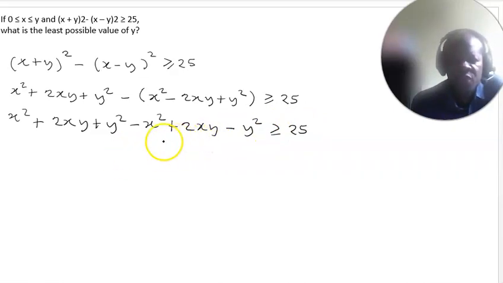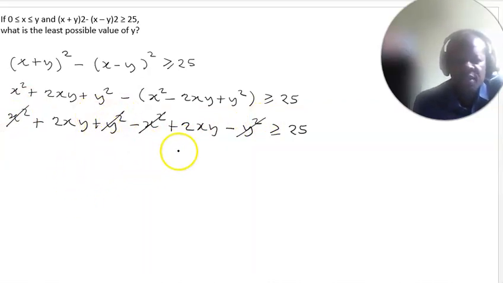So very quickly we can see that we can cancel out some terms. So this and this out, and then this and this out. And then we now have 4xy greater than or equal to 25.